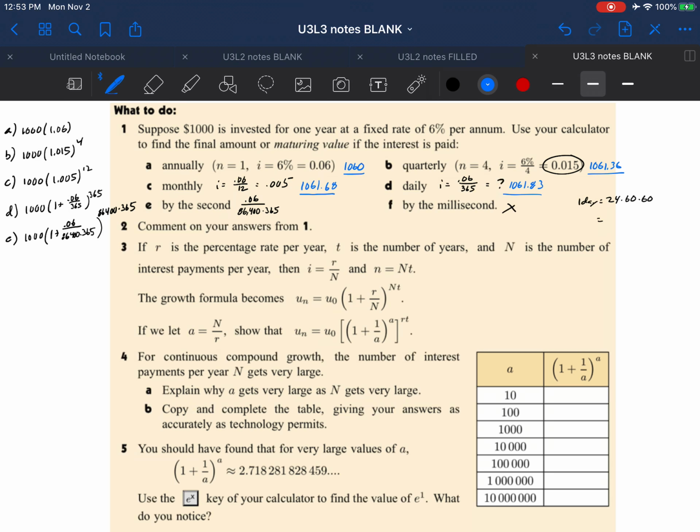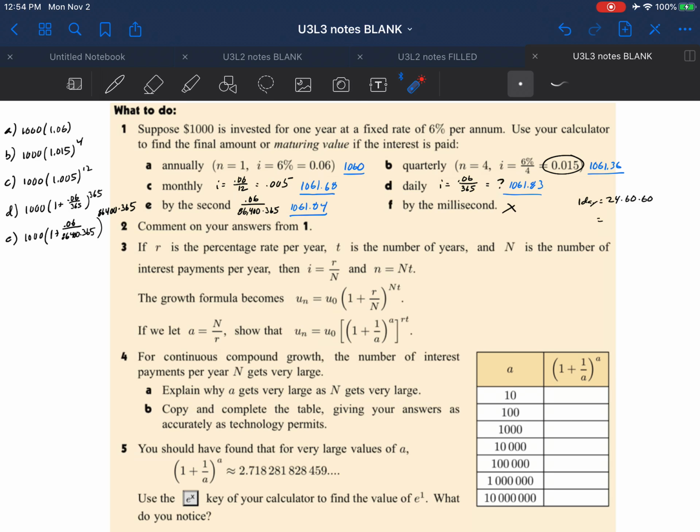By the second, well, now the 0.06 gets divided by 365 times, yikes, 86,400. And this exponent is 365 times 86,400. Okay, this one just becomes 1061.84.